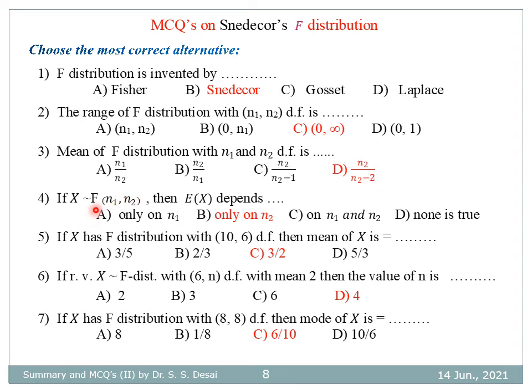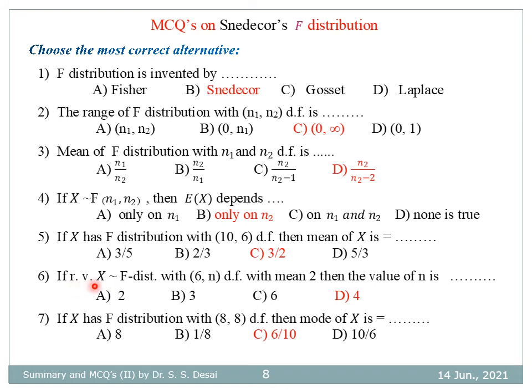If x follows F distribution with n1 and n2, then the expectation of x depends only on n2. If x has F distribution with 10, 6, that is n1 is 10 and n2 is 6, then the mean of x is, if you substitute n2 equal to 6 in this equation, 3 by 2. The correct answer is 3 by 2.